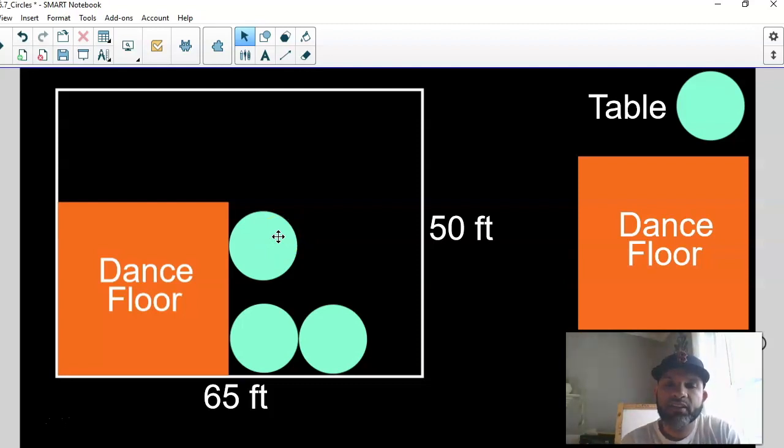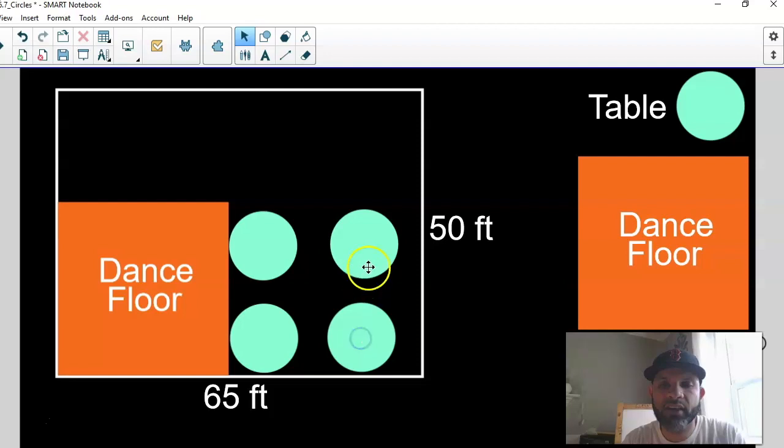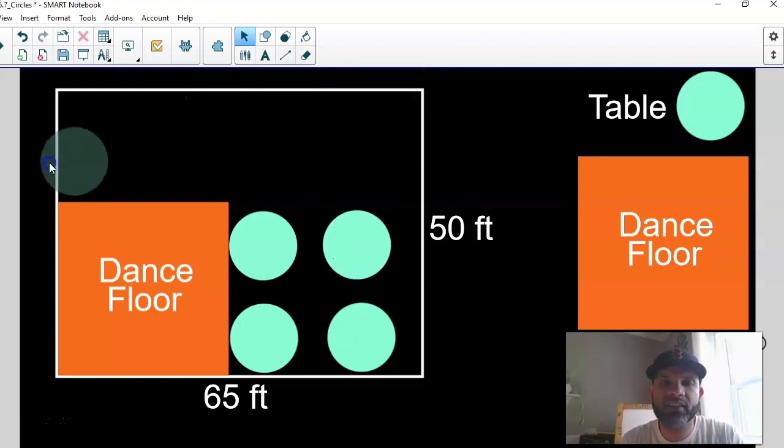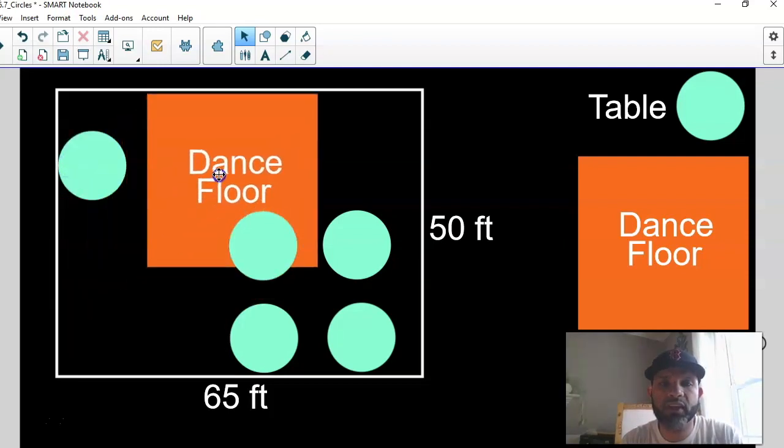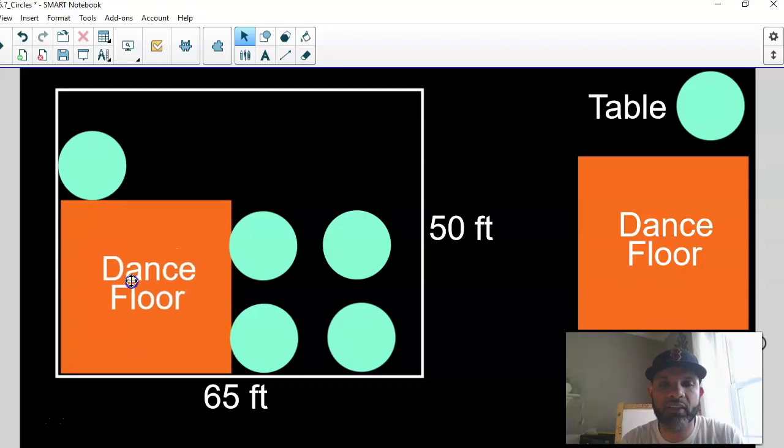At jespinal at rvaschools.net. And I want you to tell me, what did your layout look like as far as fitting the tables for the party? You want to try and get as many tables as possible to fit into this space. Maybe you want the dance floor over here, maybe in the middle, I don't know.